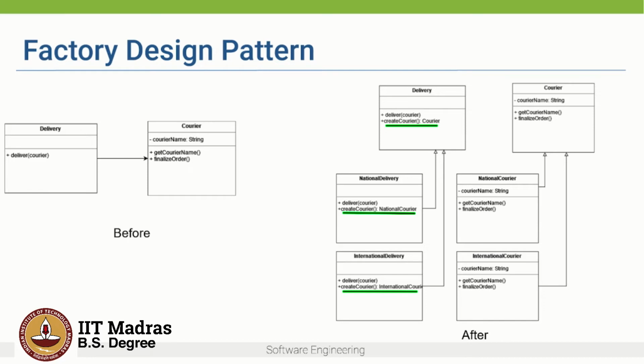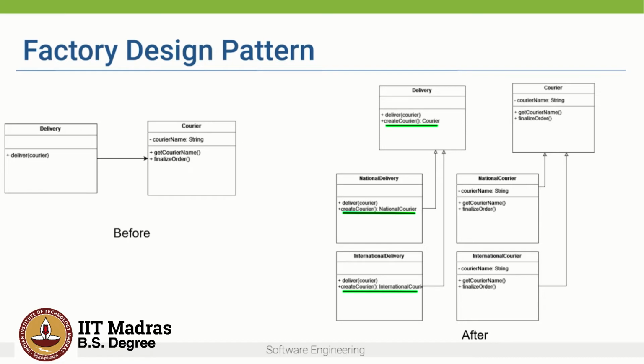So the responsibility of creating objects has now been delegated to these classes, the national delivery and the international delivery, and to a specific method known as the factory method.